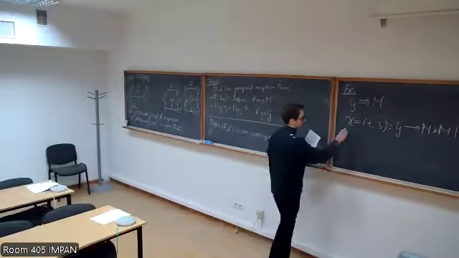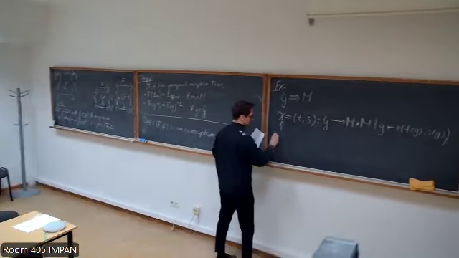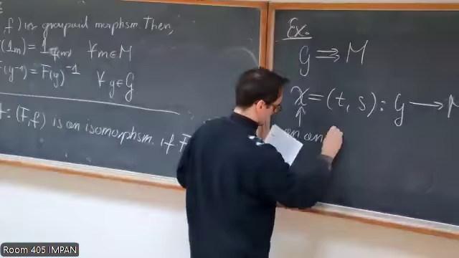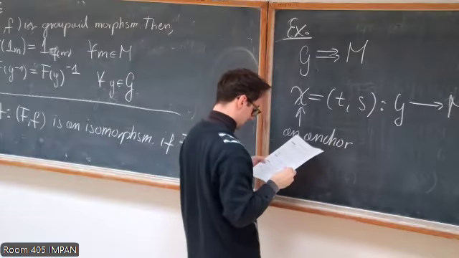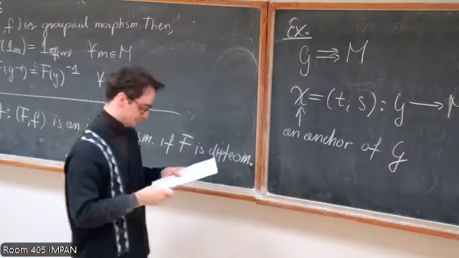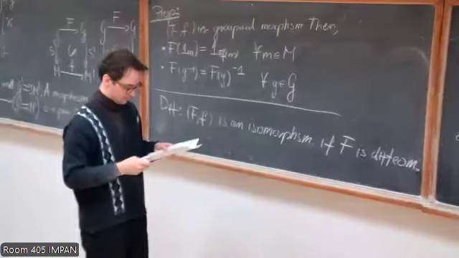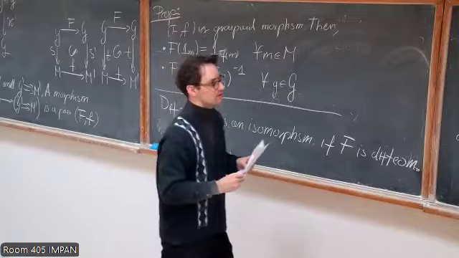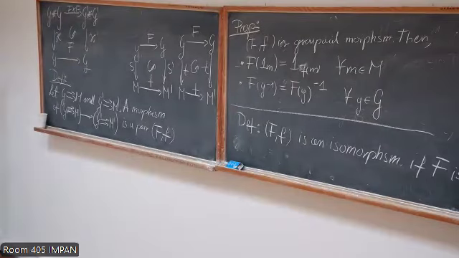And the map chi is called the anchor of G. Next, this one is more easy.